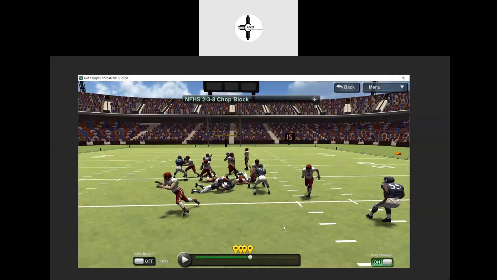Thank you for that clip, just so we could all visualize what we're talking about, and when it's legal and not legal. The low part there would have been legal since the ball was still in the free blocking zone, but the fact that that player was also hit high, free blocking zone or not, the chop block is going to be illegal.